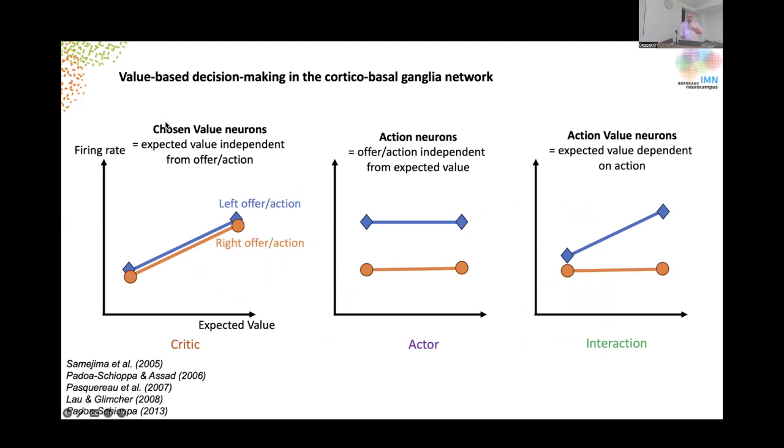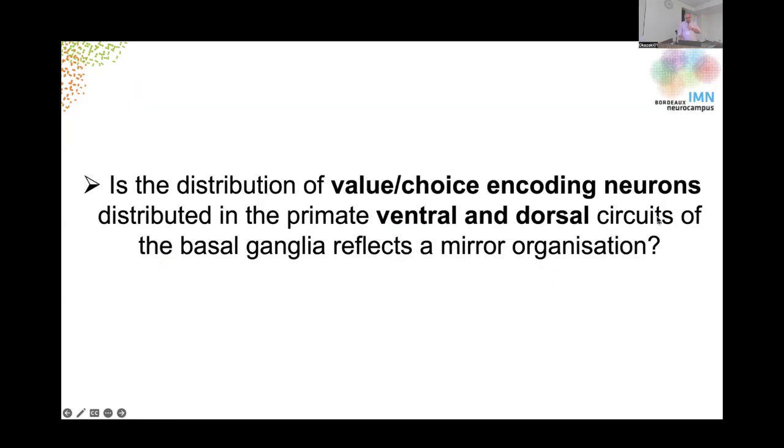So what we call chosen value neurons are neurons that will encode the expected value of a target chosen, independent from the action, sorry, and from the offer also, actually. Action neurons will encode only the action performed by the subject, but independently of the value, and what we call action value neurons will encode both the action performed by the subject and the value of the target the animal reaches.